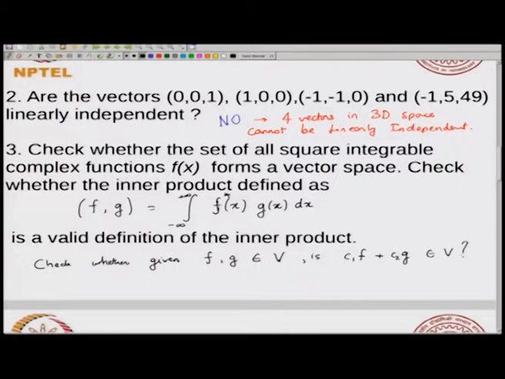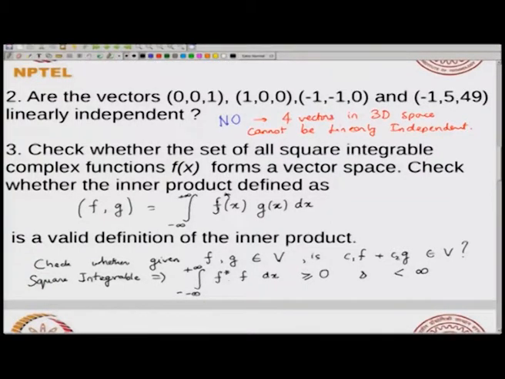Now, a square integrable function in a complex space satisfies: square integrable implies integral f star f dx, and we will just take a one dimensional space, from minus infinity to plus infinity, this should be greater than or equal to 0 and less than infinity.